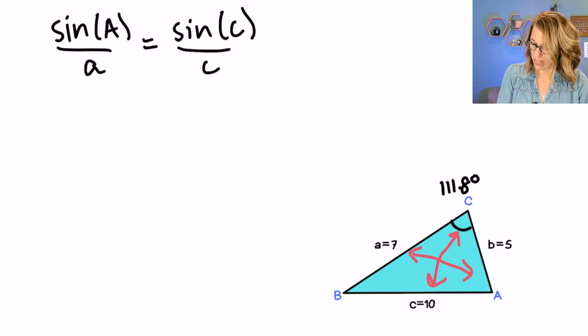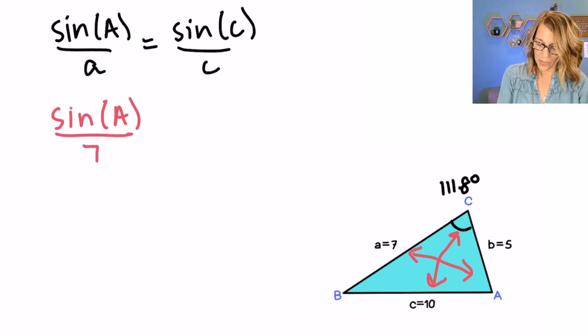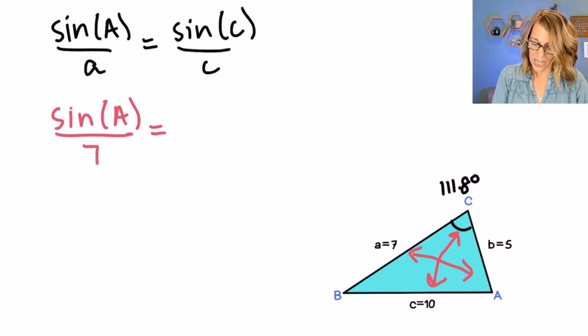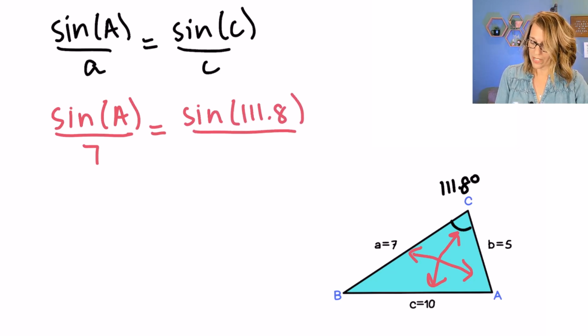Putting in my values that I know and don't know, I end up with the sine of A, which I don't know angle A, but I do know that side a is equal to 7. And then over there for C, I've got the sine of that angle that we just found, 111.8, divided by side c, which is 10.